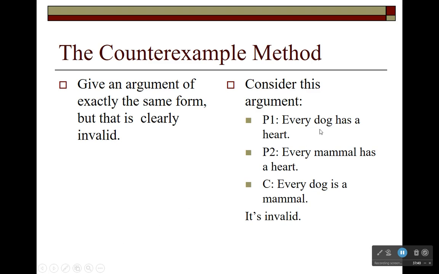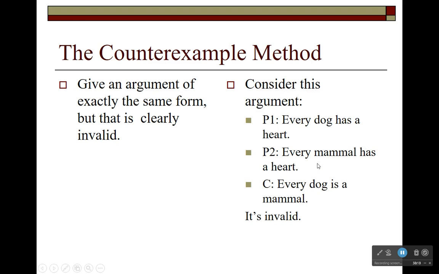Every x is f is the form of this statement, so we're substituting the word dog for the variable x, and for the variable f, the predicate has a heart, and for the variable y, the word mammal, and again for f, the same predicate, has a heart. So I would identify the form of this argument as every x is f, every y is f, therefore every x is y. That's not a valid way to reason. That's not a logically correct way to reason. That's invalid.